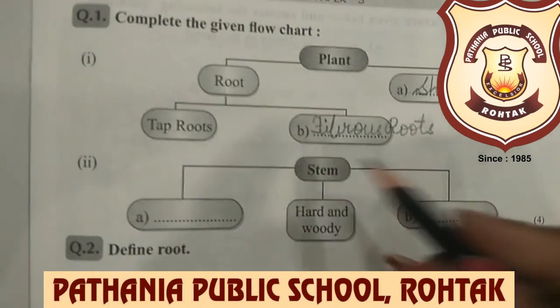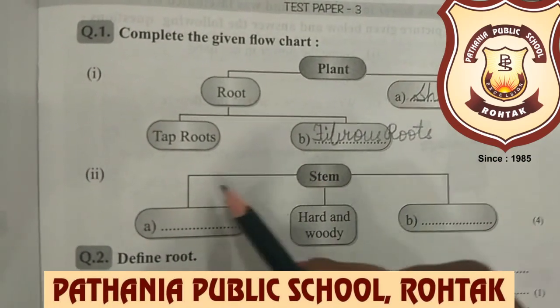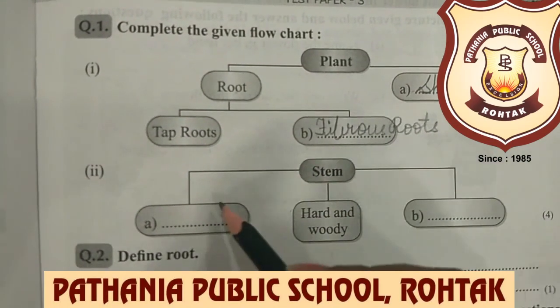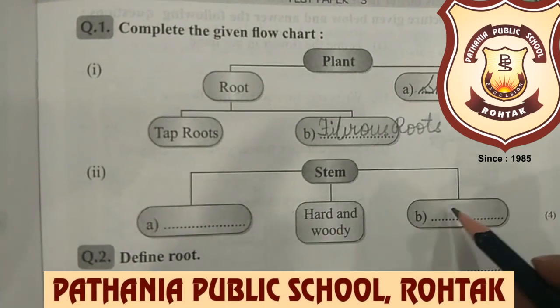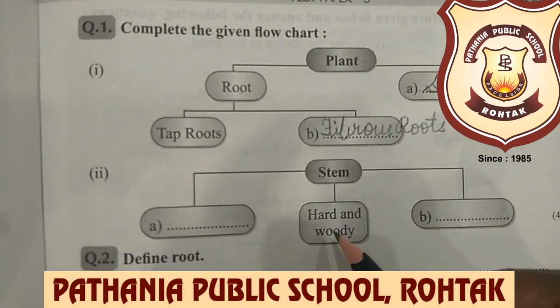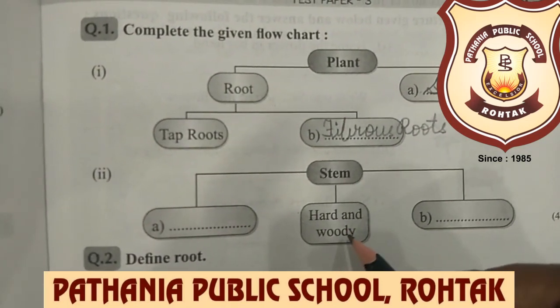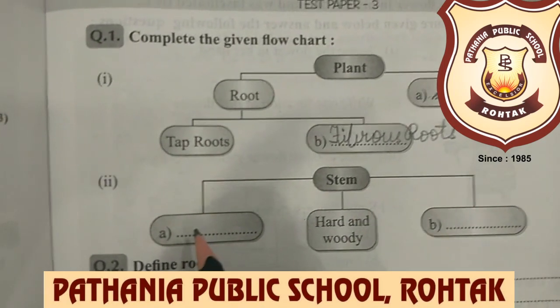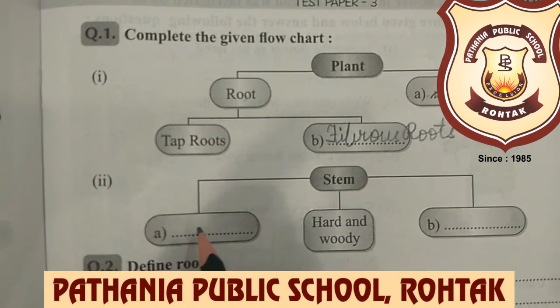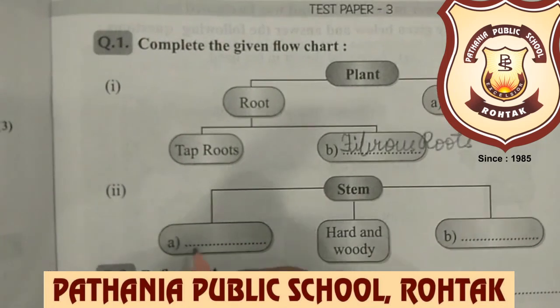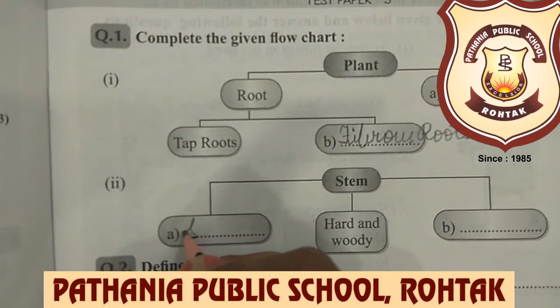Next beta, now stem. See, stem is divided into three parts. That means these are the types of stem. One is written here, hard and woody. So what is this type of stem? Yes, soft and green.